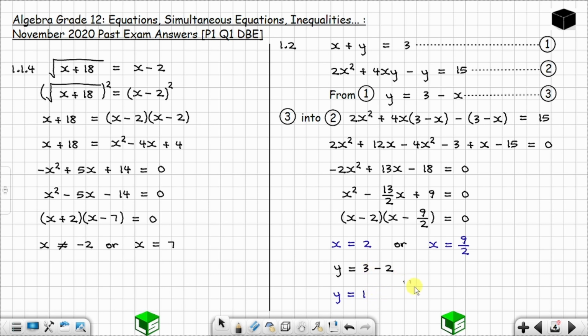Or y is equal to 3 minus x. Now let's use 9 over 2. Okay. So y is equal to 3 minus x. Now we are going to use 9 over 2. Okay. And so y is going to be equal to negative 3 over 2. I hope you can see that. Okay. And we have solved for question 1.2.